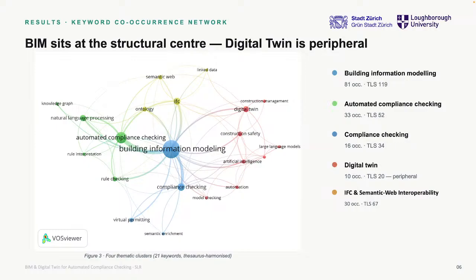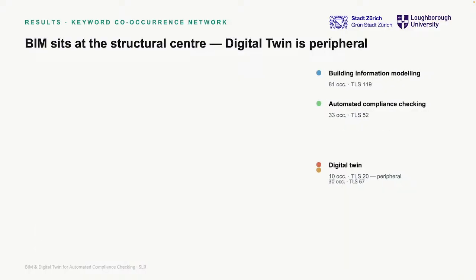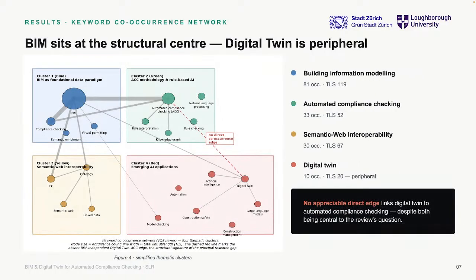To synthesize it, because I like to make things look even simpler than they are, I move to a simplistic overview where we have 4 cores that are represented. The central core is BIM as a foundation data paradigm, even if we consider digital twin as the extension.